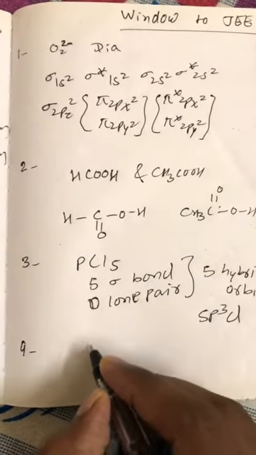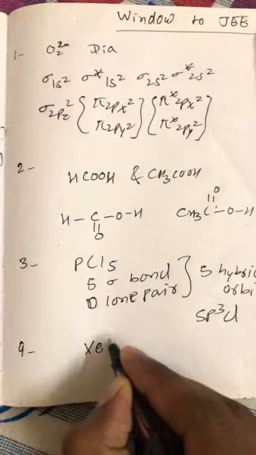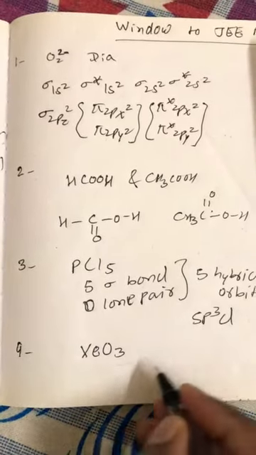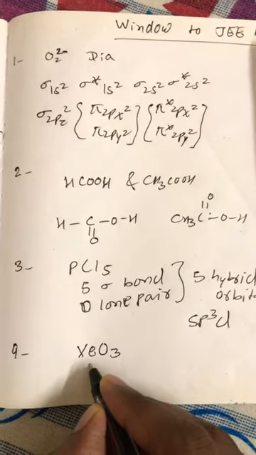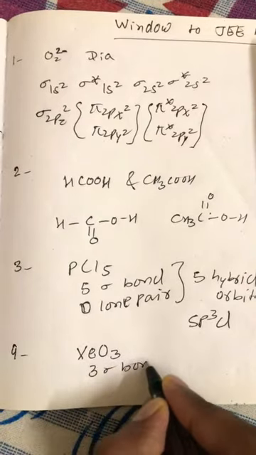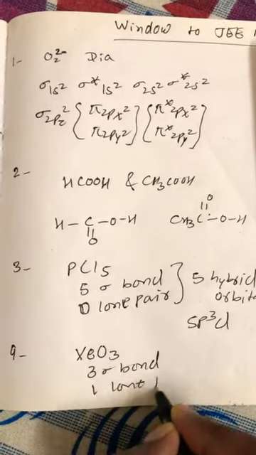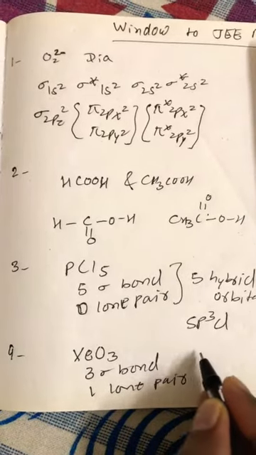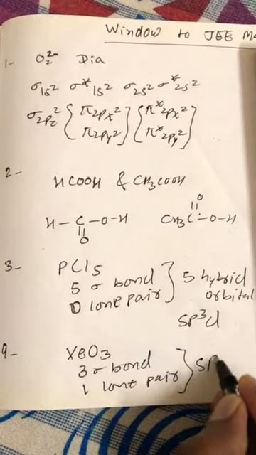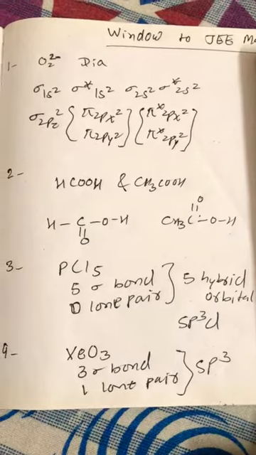Question number 4. XeO3 is sp3 hybridized because it forms 3 sigma bond and after that it has 1 lone pair. So 4 hybrid orbital, that is sp3 hybridization.